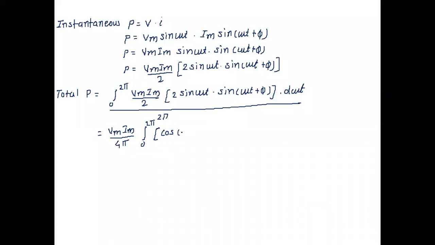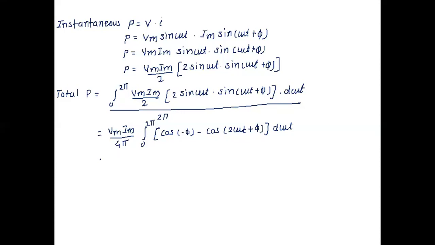So directly can I write it down? It's a cos of minus pi. Is it okay to you? Minus cos of A plus B, which is nothing but 2 omega t plus phi into d omega t.